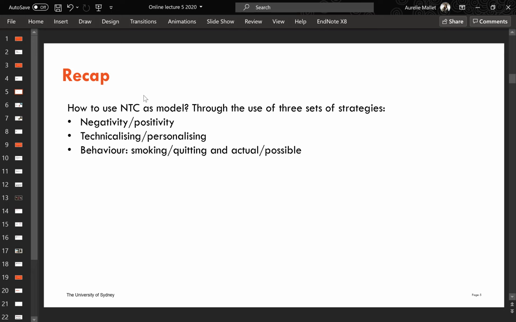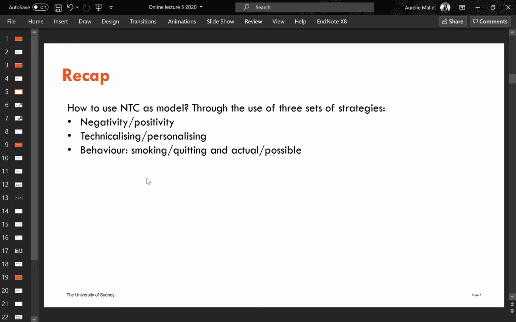I had to find a way to use the NTC as a model, and coming up with these three sets of strategies to analyze the campaigns within the NTC was a way of doing that. And then I could utilize these strategies to design material for a campaign aimed at sugar consumption. So we looked at that last week.